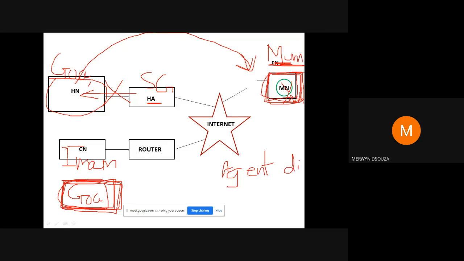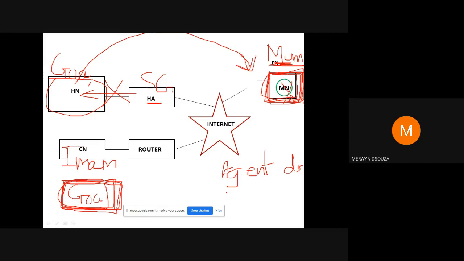So whenever a mobile node goes to a new network, he has to find the agent or router responsible for that network. That process is known as agent discovery. Please remember this term, agent discovery.